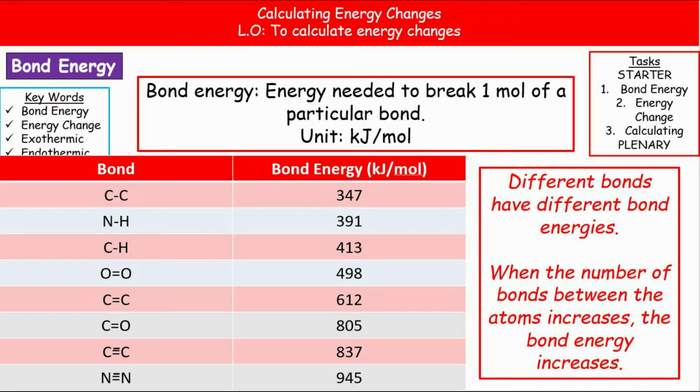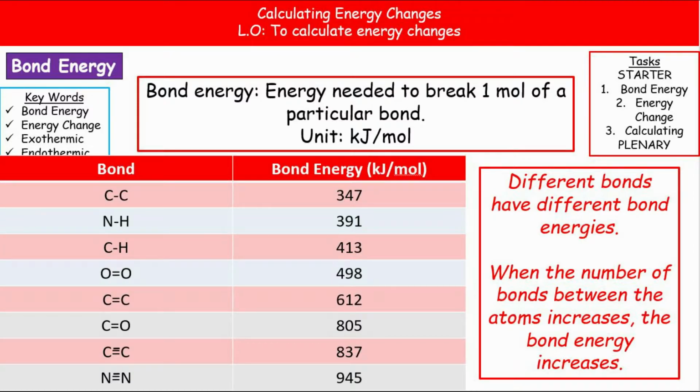There are 2 key patterns I'm hoping that you've picked out here. First of all, different bonds have different energies. Each time we can see there's a different bond, so different atoms joined together, we have a different bond energy. The second one is that if we have a look at the carbons, for example, a carbon single bond carbon in that first row has a bond energy of 347, but by the time we're down to the carbon double bond carbon, about the middle of the table, that's 612 kilojoules per mole.